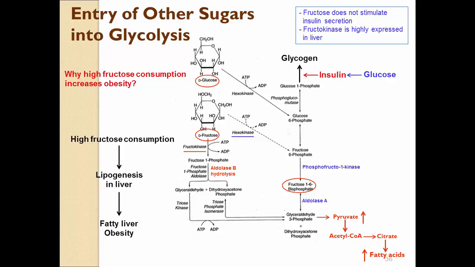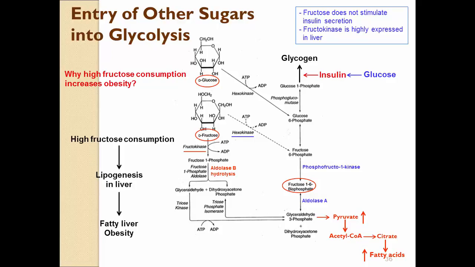So will all fructose be metabolized through this pathway, producing pyruvate in the second stage of glycolysis? And pyruvate, again, can be further metabolized to acetyl-CoA and citrate for fatty acid synthesis. Just by comparing fructose to glucose, fructose is more easily converted to fatty acids, for two reasons.